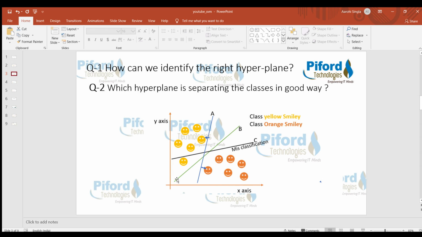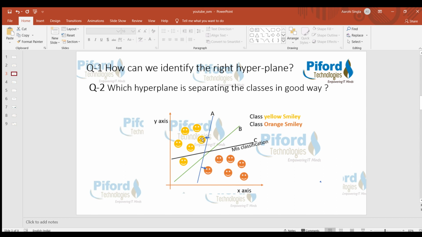Basically what we are doing over here is using the margin. We'll find the right hyperplane by choosing the margin. So what is margin? Margin is the gap between the line and the closest class points. We simply choose the line with the maximum distance from the closest support vectors.